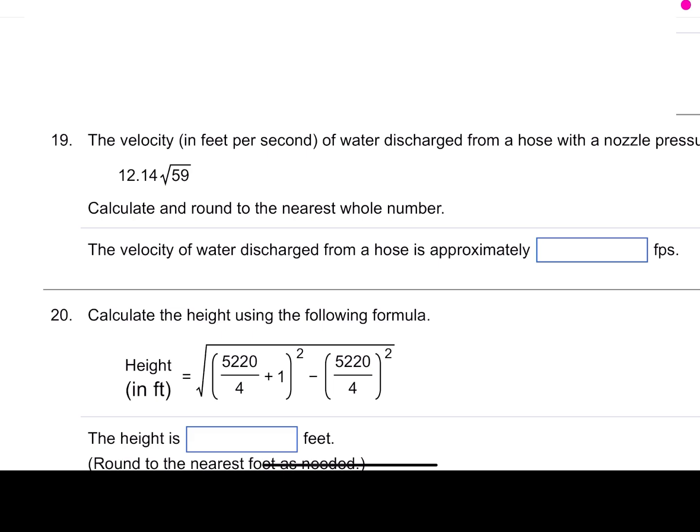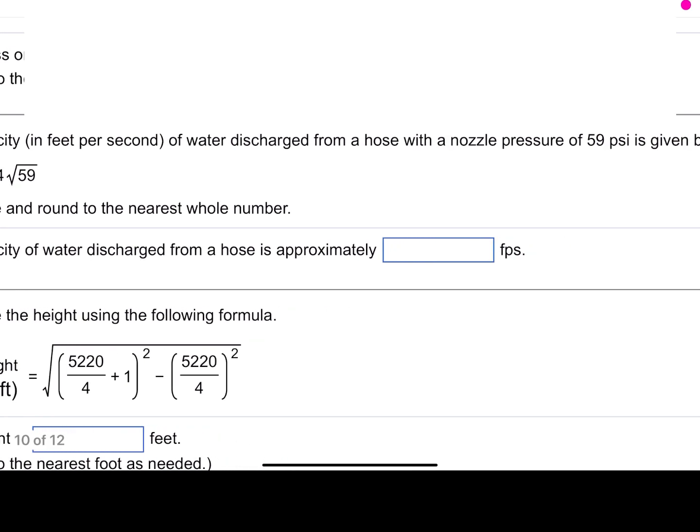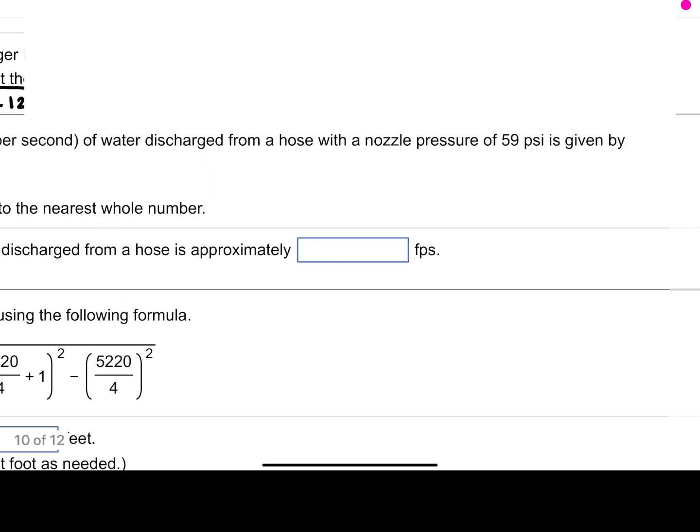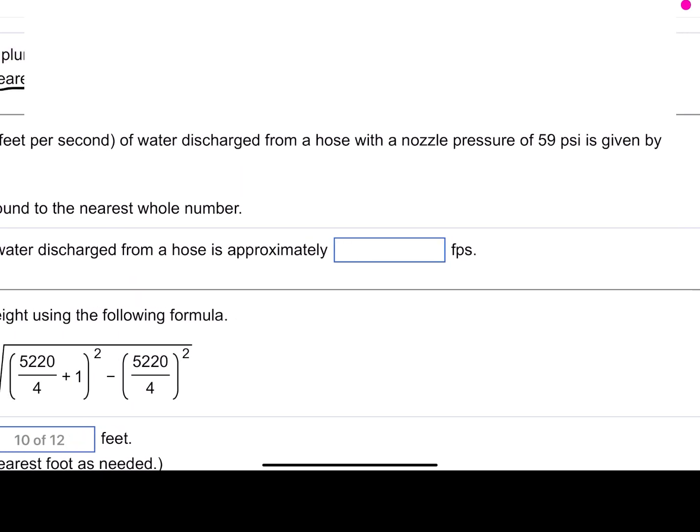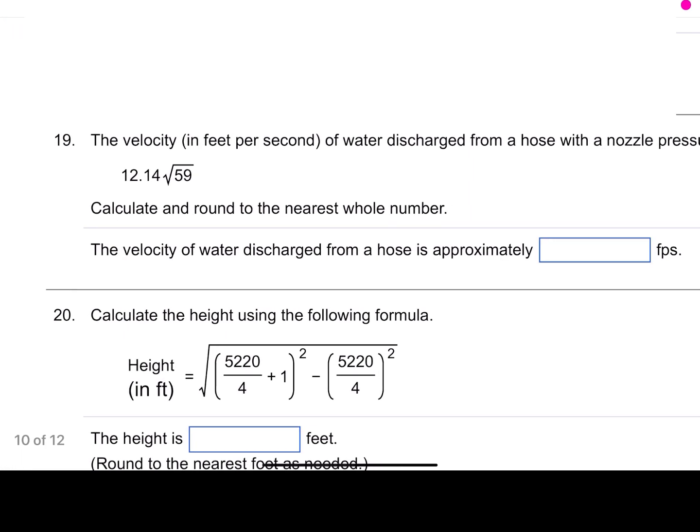Number 19. The velocity in feet per second of water discharged from a hose with a nozzle pressure of 59 psi is given by the formula 12.14 times the square root of 59. So we're going to do our square root first. And it says to the nearest whole number, so I don't need very many decimal places. So I'll just go maybe 3 decimal places. Second square root of 59.